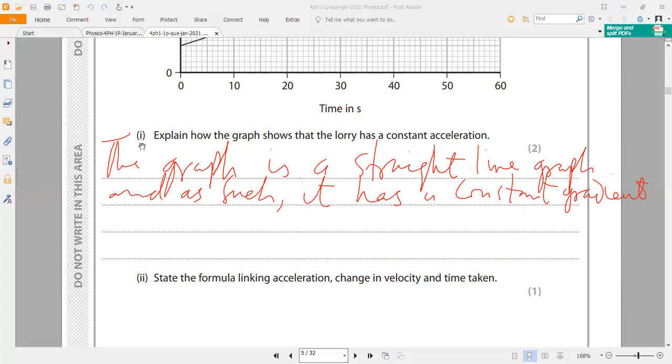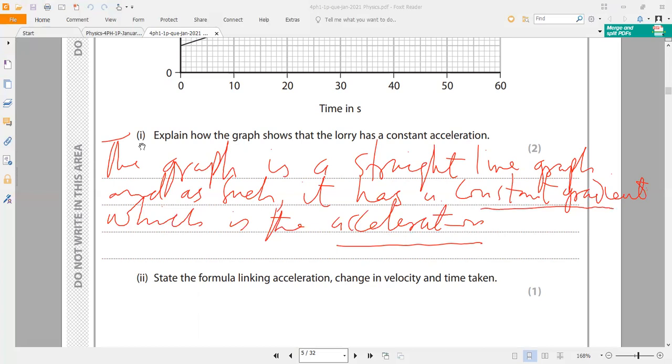Which is the acceleration? Because the acceleration in a velocity time graph is what? The gradient of the graph. So the graph is a straight line graph, and as such, it has a constant gradient. Since the gradient is constant, the acceleration also is constant. That's it. So move on to the next question.